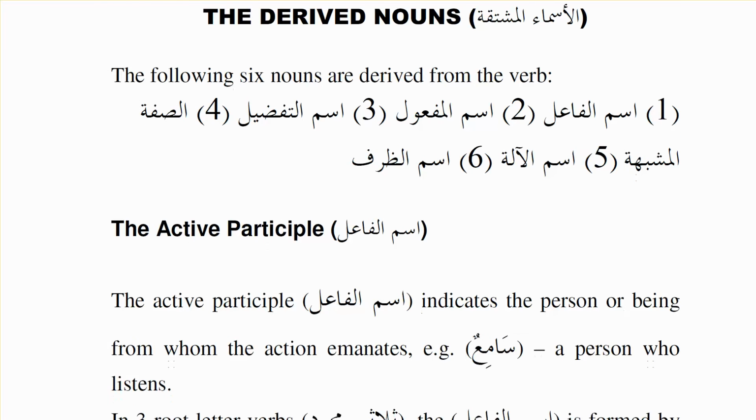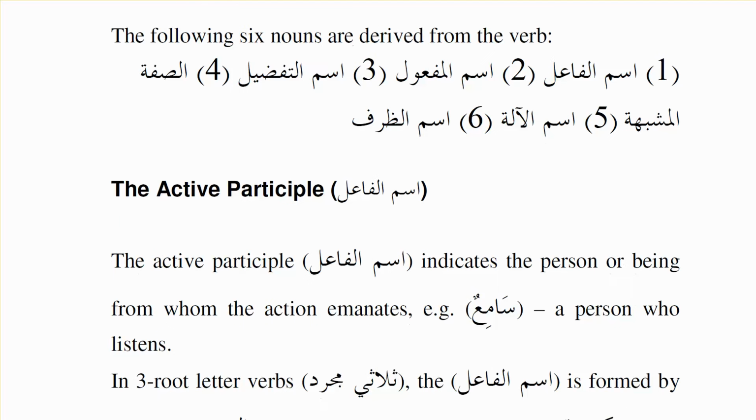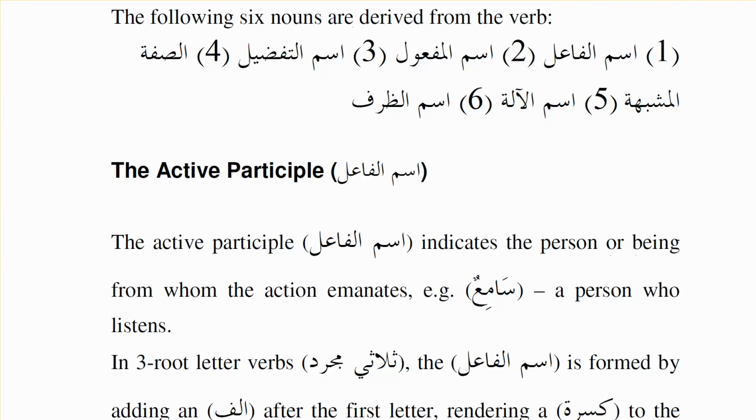The very first one that we're going to learn is called ismul fa'il. Now, ismul fa'il is the active participle. It indicates the person or being from which the action emanates.